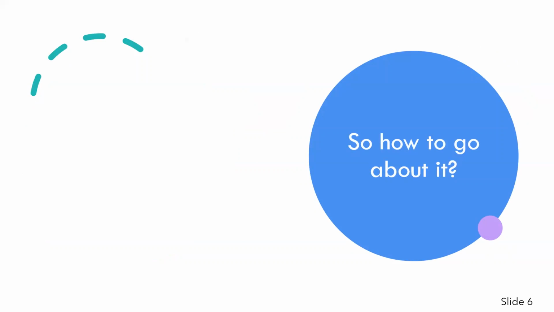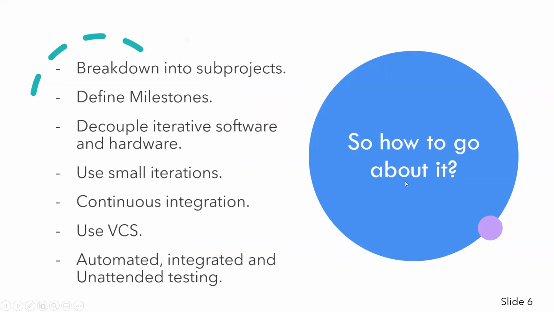To develop AV software, we must break it down into sub-projects. Within each sub-project, different processes are used. Define milestones with the help of story cards that describe driving situations. Furthermore, we must decouple the iterative software development from hardware, for example through virtualization.